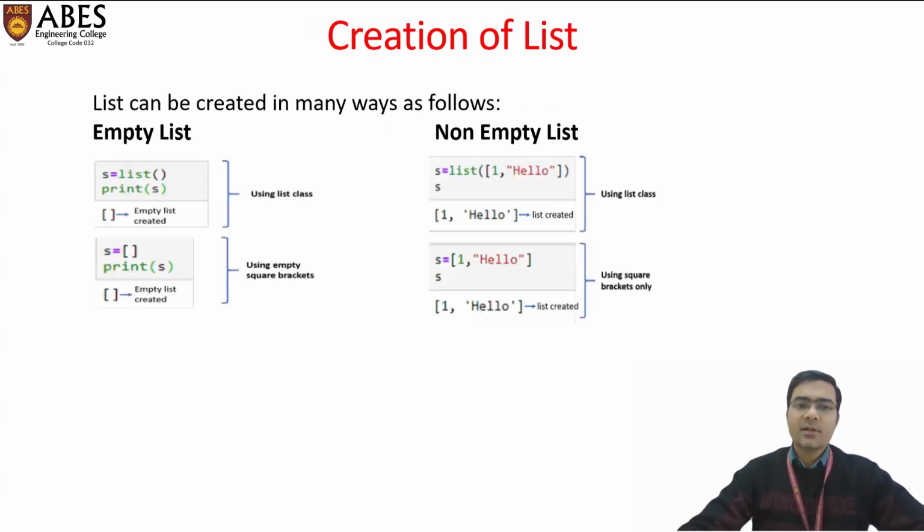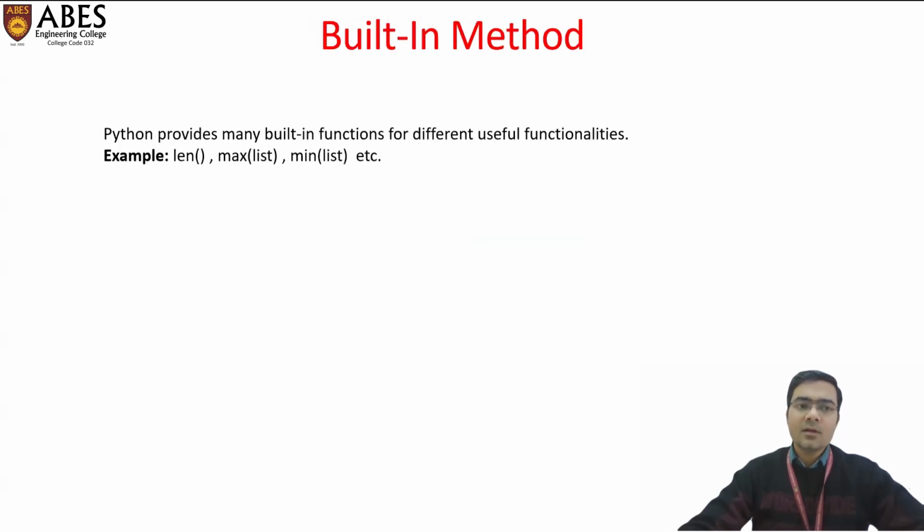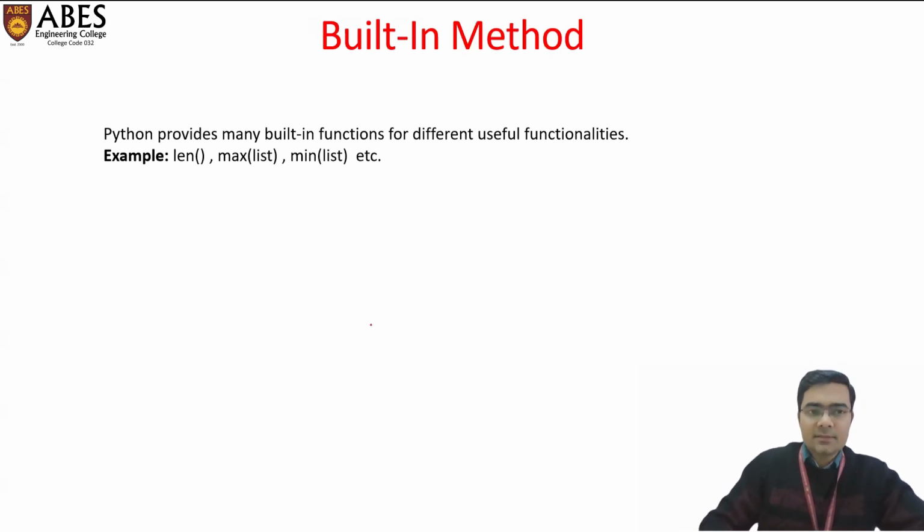In today's lecture, we are going to discuss built-in methods. Python provides many built-in methods for different useful functionalities. With the help of built-in methods, we can directly implement a few functions through which we can achieve some basic functionalities. For example, we have length.